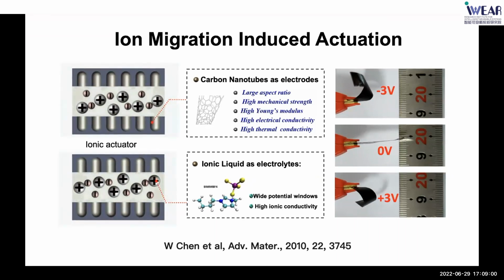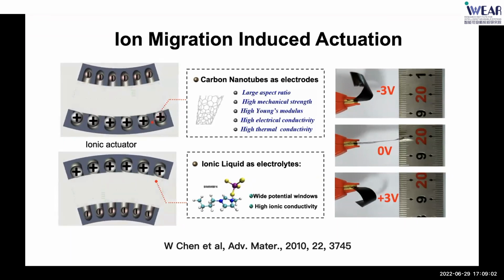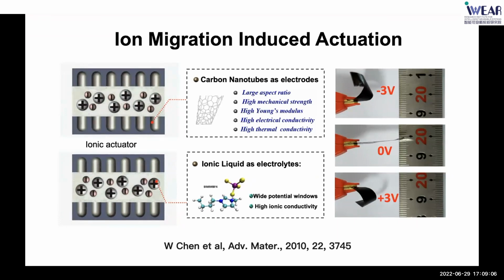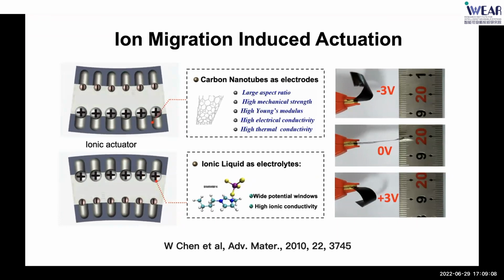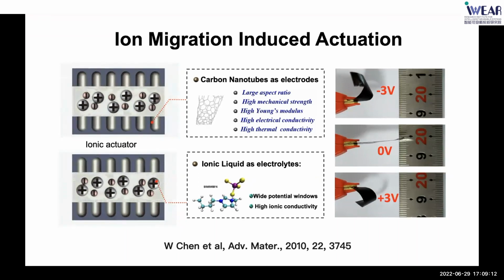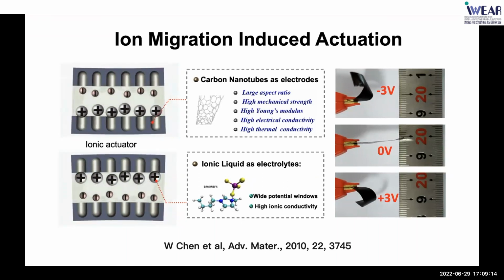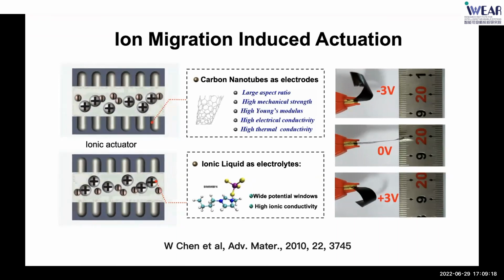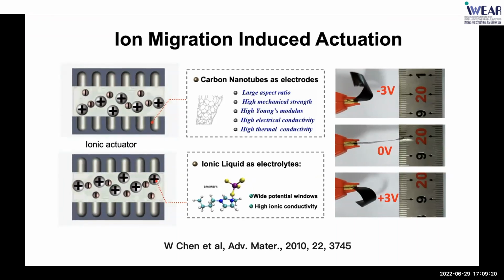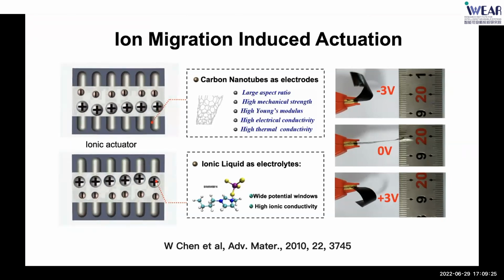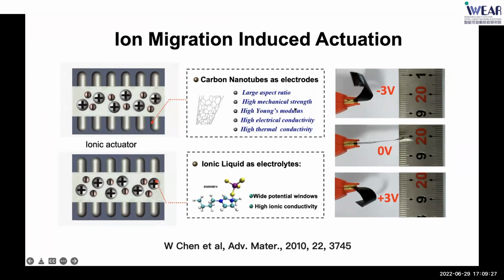The best advantage of ionic liquid is that it has a very wide potential window and high ionic conductivity. Compared with hydrated ions, we do not need to worry about the electrolysis of the hydrated ions. So this is our design for this ion migration induced actuation.